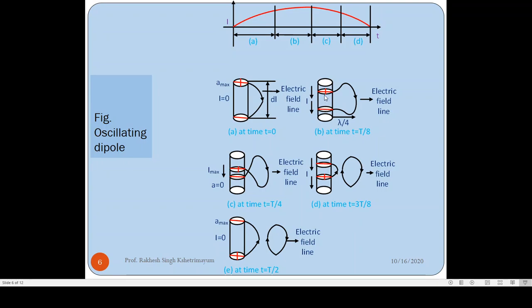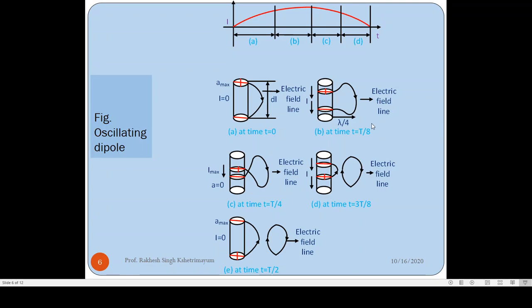Negative charge moving in this direction also gives current flowing in the same direction, so overall the current is flowing like this. You know this is the field line of a plus charge and minus charge: the field starts from the plus charge and ends at the negative charge. When the charges start moving, the field lines will become like this, and as the charges come closer, the field lines will change like this.